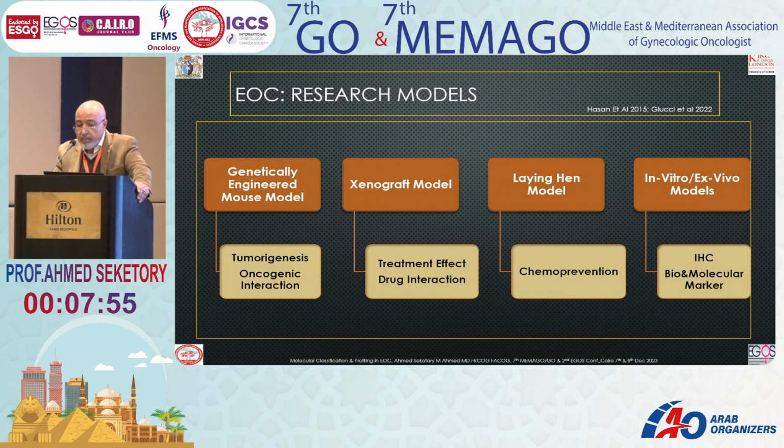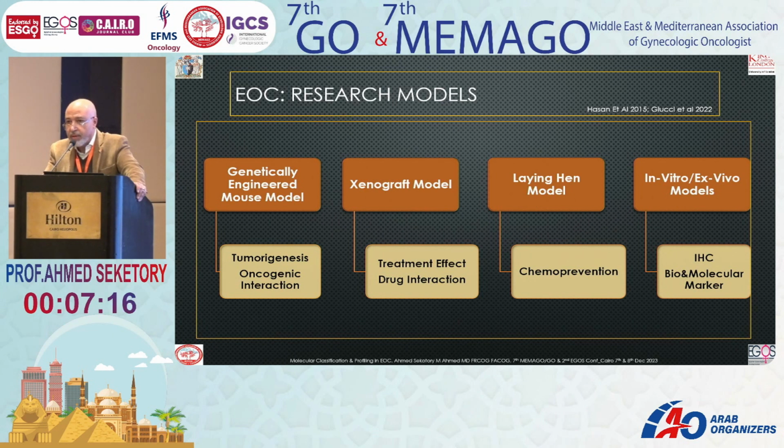Then there is the laying hen model, because the commonest cause of death in the hen is ovarian cancer, if you do not eat the hen before she dies. And because she ovulates every day, at some point in her life she ovulates every day, and that is the theory of incessant ovulation. The greatest professor, Professor Fathallah, sadly left us last month.